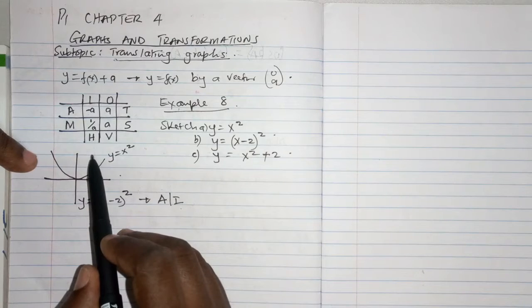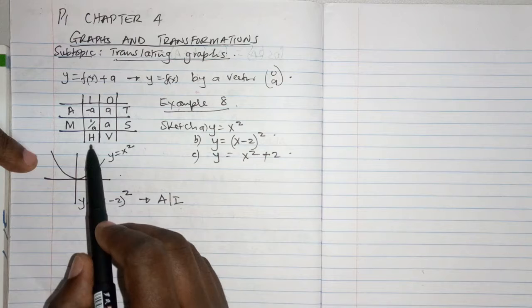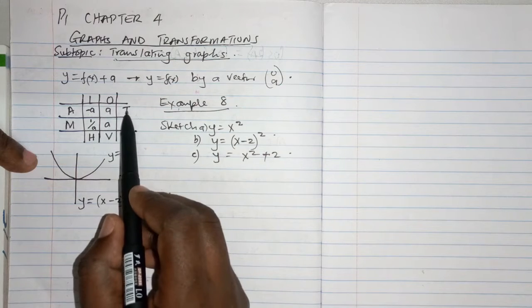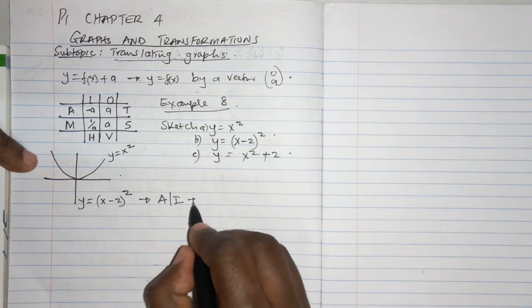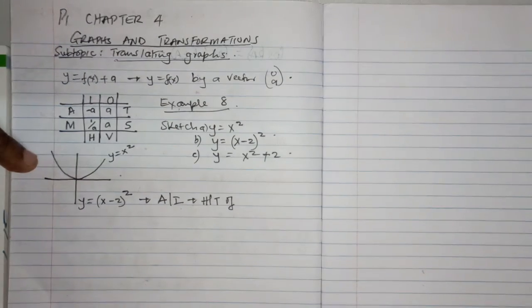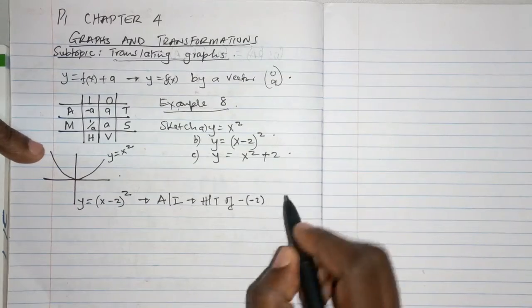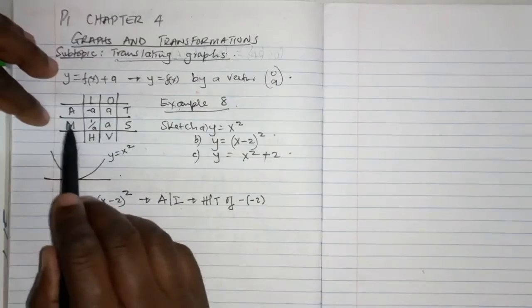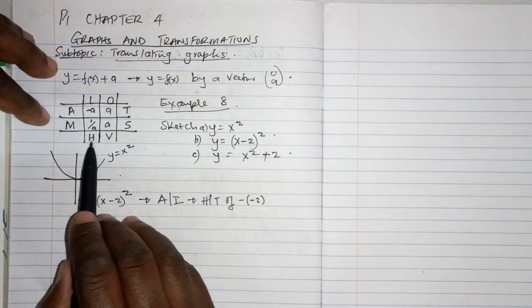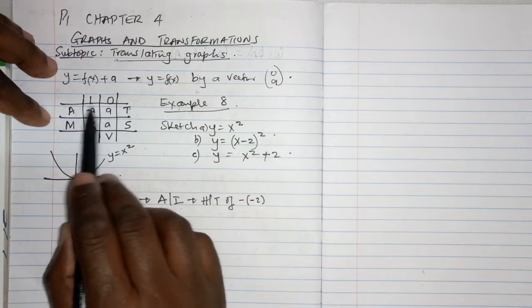Addition inside means horizontal translation of minus a steps.